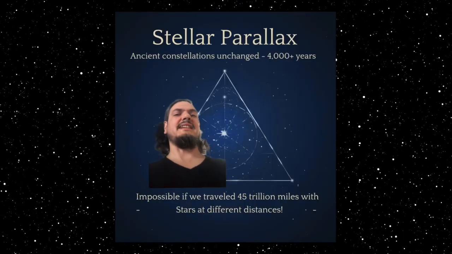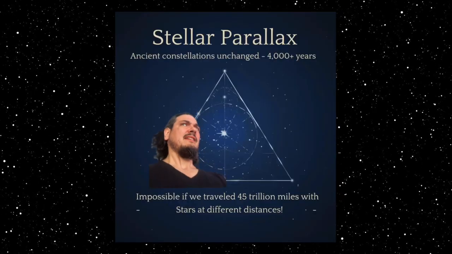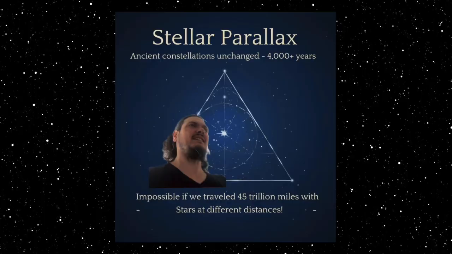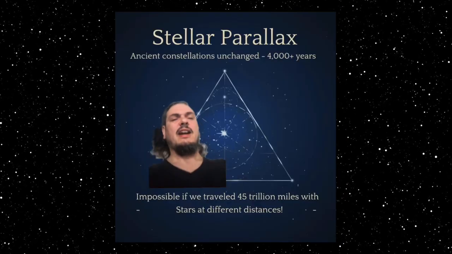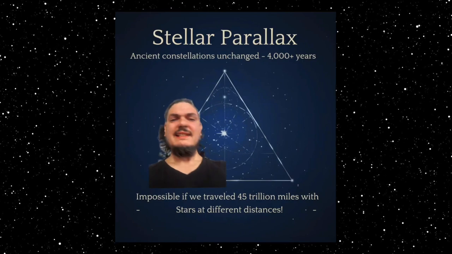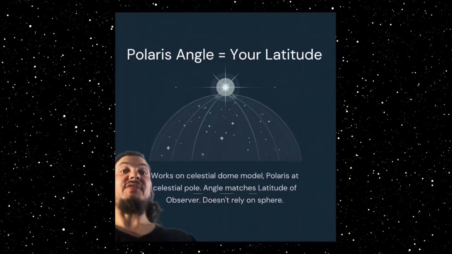That's impossible in the heliocentric model unless the stars somehow have the perfect speed to maintain their orientation and geometry with other stars to maintain the zodiacal wheel. I mean, that's insanity.